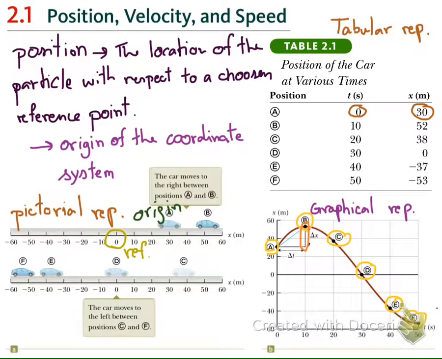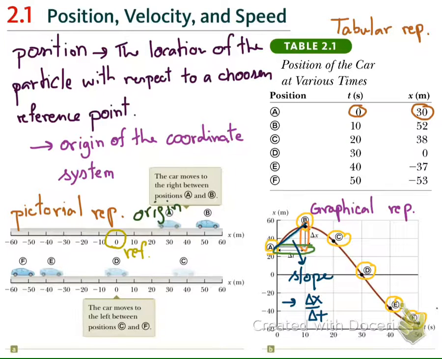And the delta t is here. When you draw the straight line joining A to B, the slope of this line is delta x over delta t.